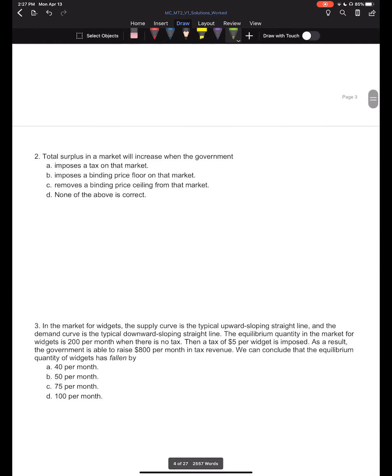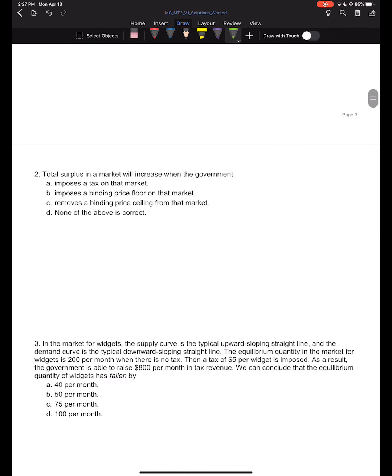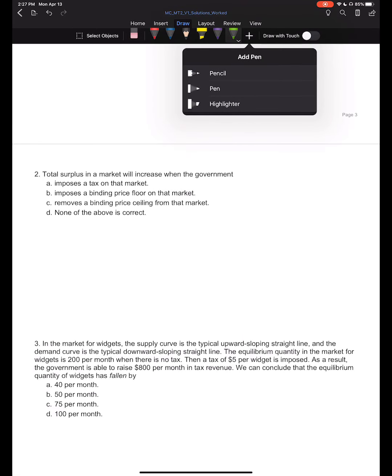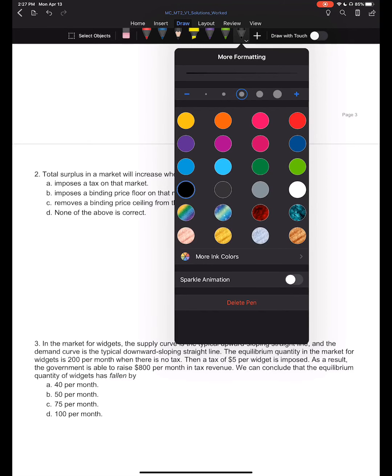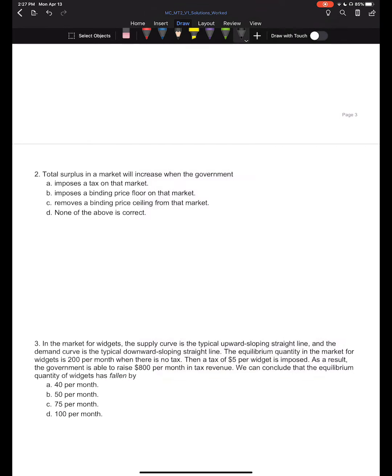Two, total surplus in a market will increase when the government. So when we're looking at our basic market, we put price on the vertical, quantity on the horizontal, demand goes down, supply goes up.